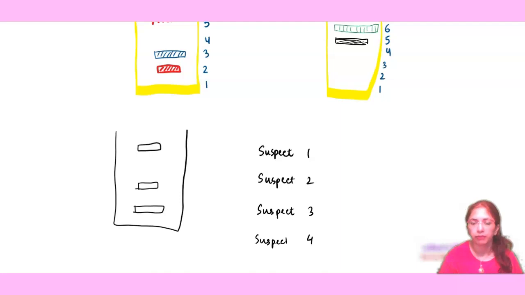Now we will be doing DNA fingerprinting of all these individuals, suspect 1 to suspect 4. Their DNA fingerprinting pattern would be specific, right? So we will match it with this one because this was the DNA fingerprinting pattern of the DNA that was received from the accidental site.